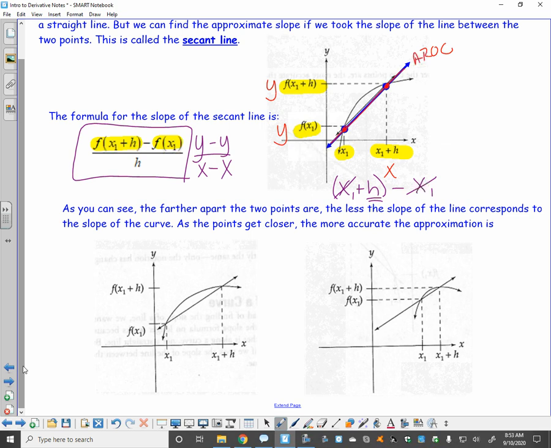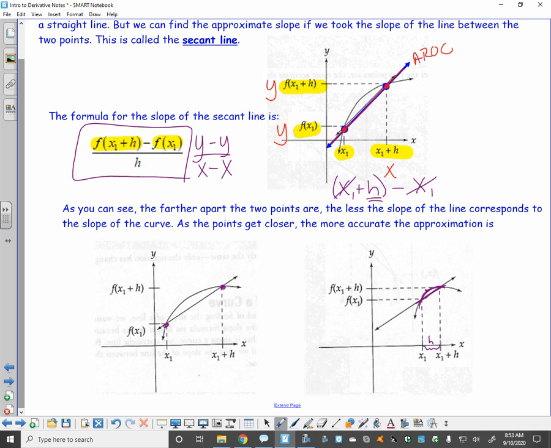What this is saying is if my two x values are really, really far apart, the secant line does not give a great representation of the slope of the curve. But as this distance, remember that distance is h, gets smaller and smaller, then these 2 points get closer and closer, and this secant line becomes a better approximation of the slope of the tangent line.